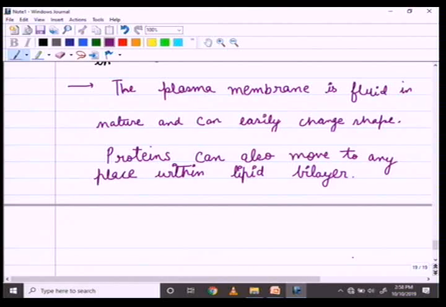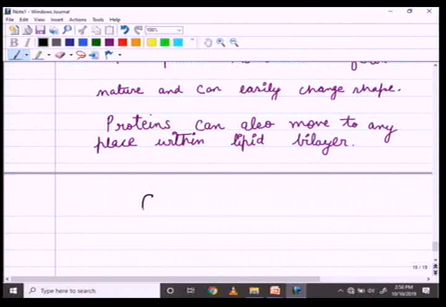All right, so let's now put the heading GERL apparatus. What is GERL?